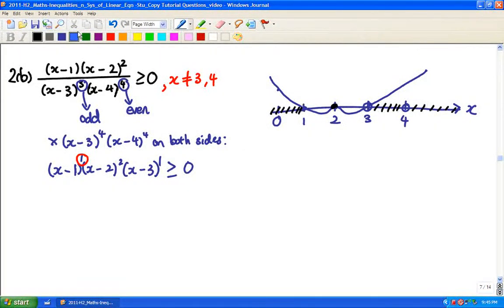So the final conclusion should be: x is less than or equal to 1, or x equals 2, or 3 is strictly less than x, strictly less than 4. Wait, remember, we cannot include the values of x at 3 and 4, or x greater than 4.